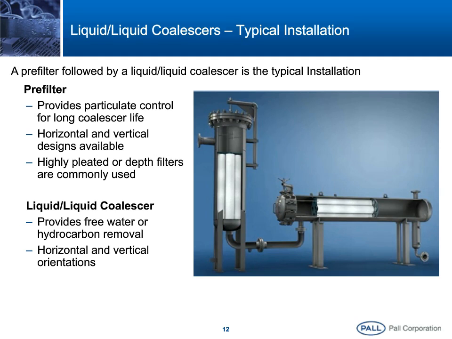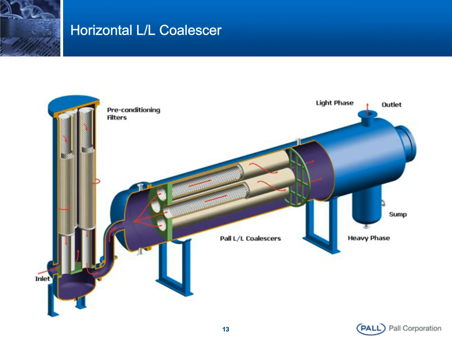So here you see an example of a horizontally mounted liquid-liquid coalescer with a pre-filtration step ahead of it. In the coalescer, you see the housing there. The housing size is determined by several parameters such as interfacial tension of the fluids, the viscosity, and the specific gravity of the liquids.